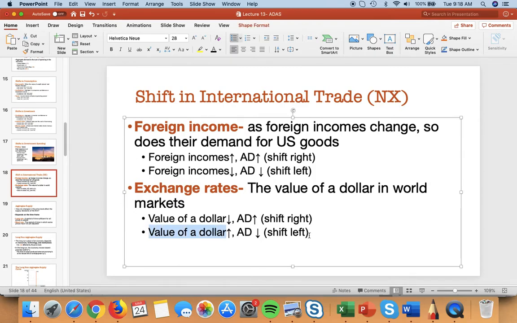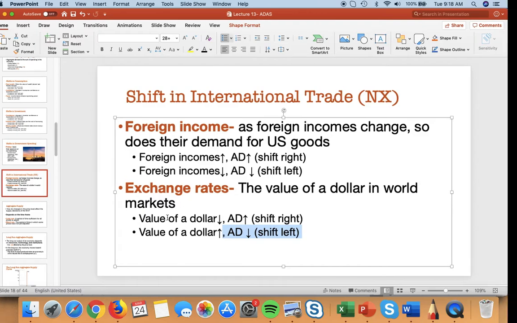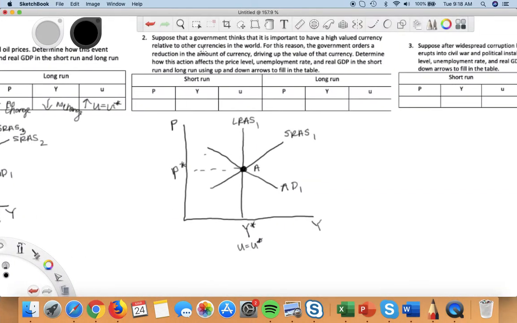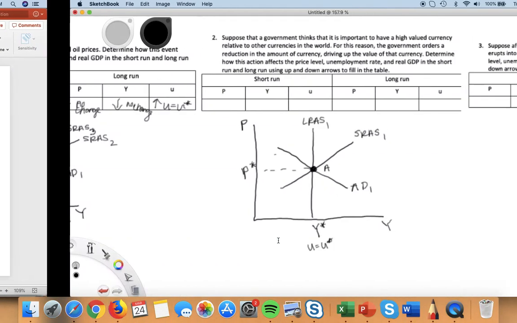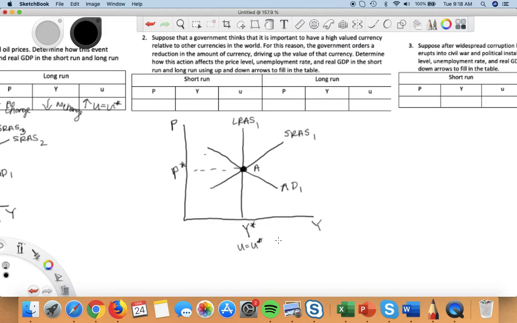So no matter which one of those factors that you focus on in the question, either a decrease in the money supply or an increase in the value of $1, the result's the same. Aggregate demand is going to move to the left. So that's what we're going to draw. So this aggregate demand curve is moving left of the original. So we're going to call this guy AD2.